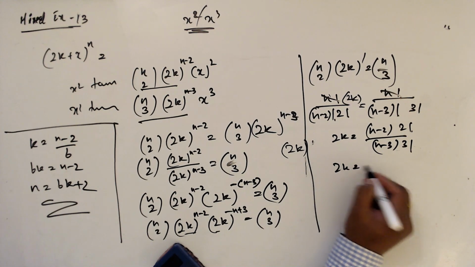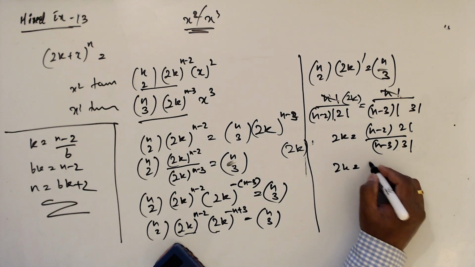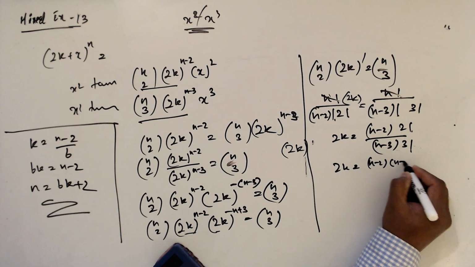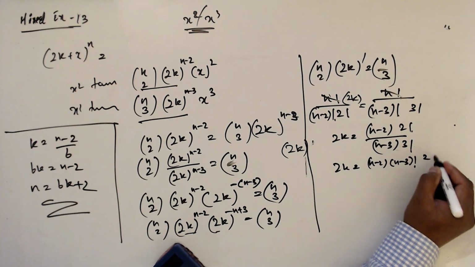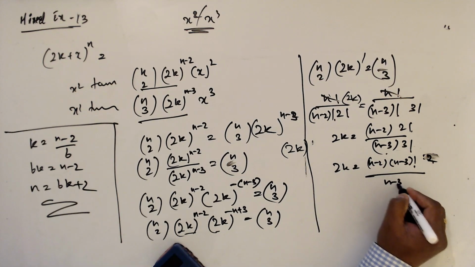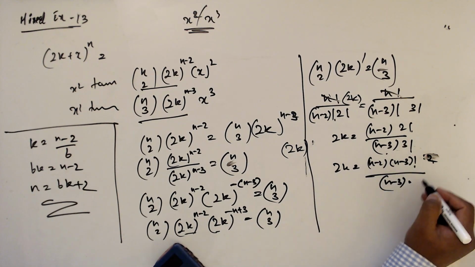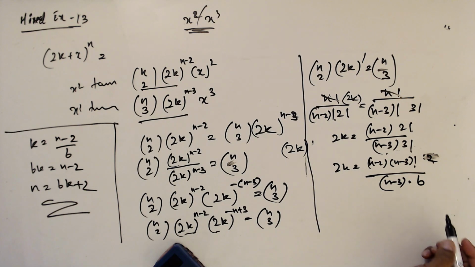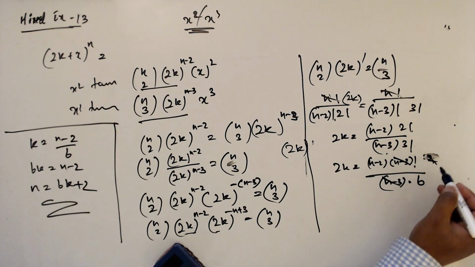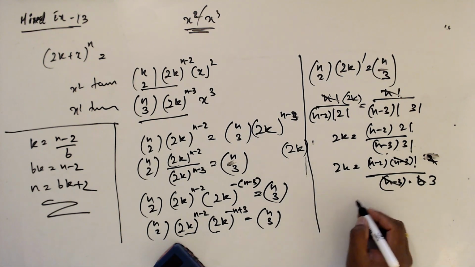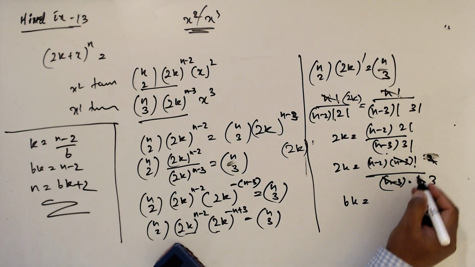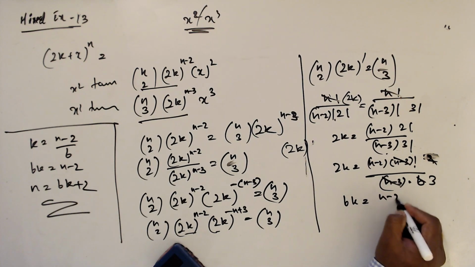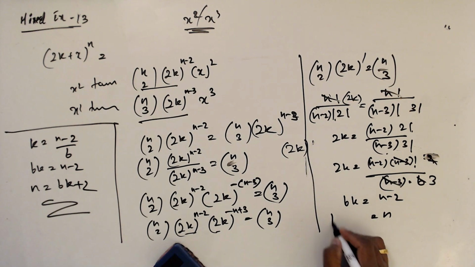Then 2k equals n minus 2, we can write n minus 2 times n minus 3 factorial, and factorial 2 is 2, and this is n minus 3 factorial, and factorial 3 is 6. Then this cancels out, and this is 2 and this is 3, and cross multiply: 6k equals n minus 2. So n equals 6k plus 2. That is another way of working.